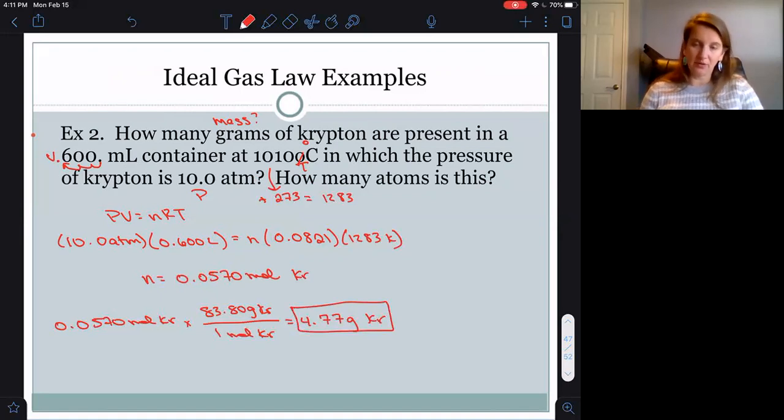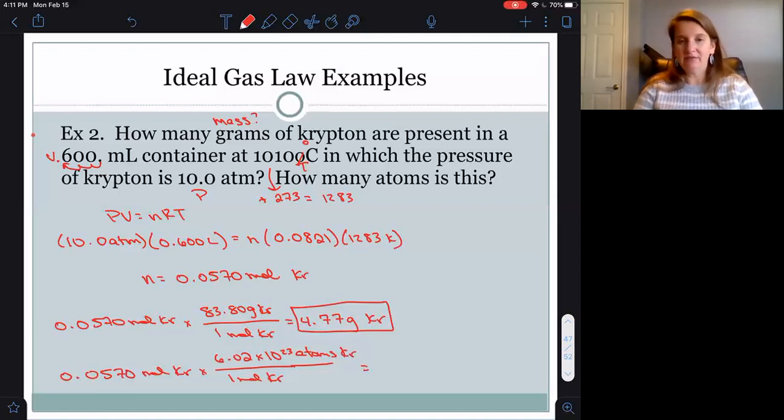Now there's a second part, which asks how many atoms this is. So I can go ahead and just do another conversion here, starting with my moles, because that's the easiest to do. And just do a second little conversion going from moles of krypton using Avogadro's number to find my atoms of krypton.